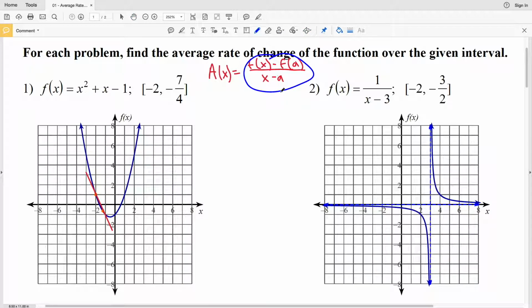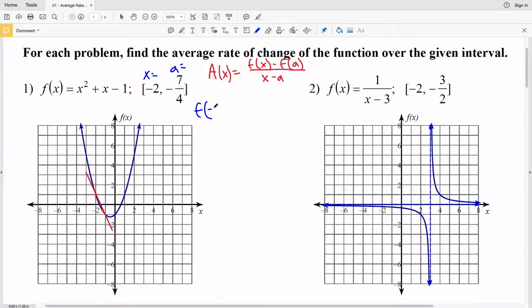And now we'll go about plugging in those numbers for the average rate of change formula. However, I like to solve for f of x and f of a separately. So x is going to be equal to -2, and a is going to be equal to -7/4.